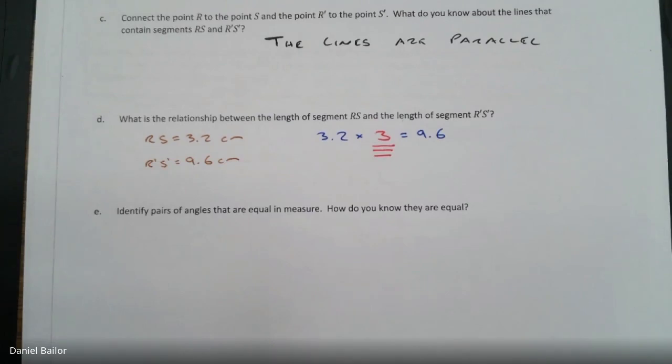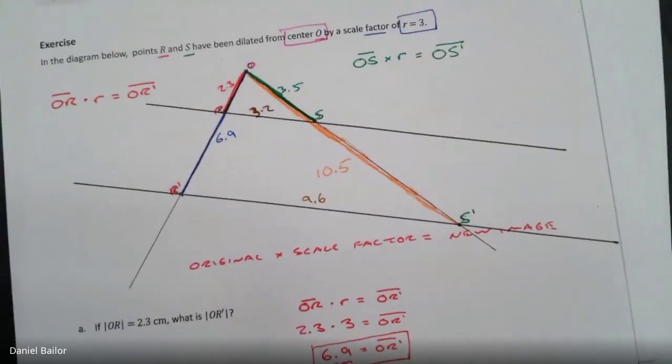This is how we find angles that are the same. You might be looking at this diagram and say, Mr. Farrell, how do we know what angles are equal? Well, this is where you have to use your angle rules from Module 2.